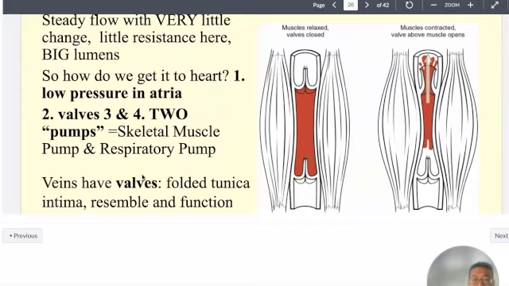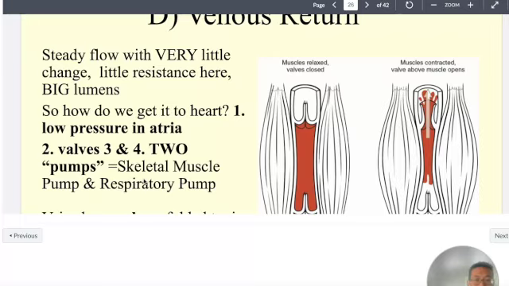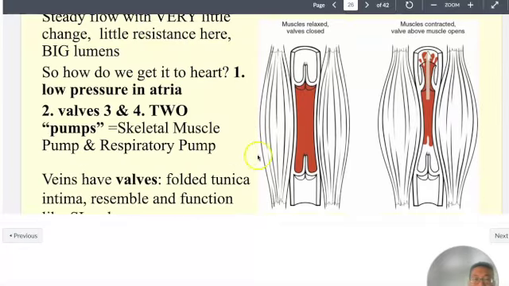So we talked about the veins returning, and these valves. Every time you walk, you squeeze your legs and whatever, and that actually pumps the venous blood back to the heart, muscle contraction. But when you relax, these valves will catch the blood.